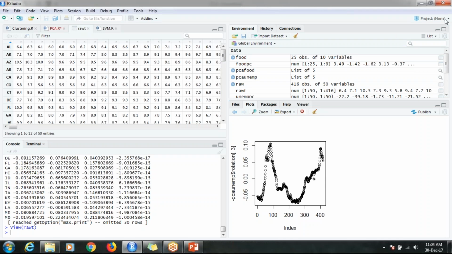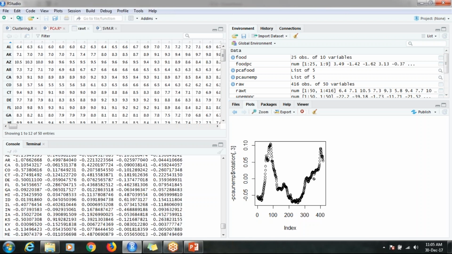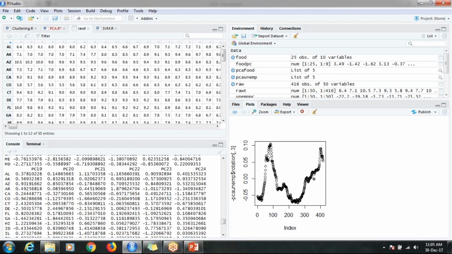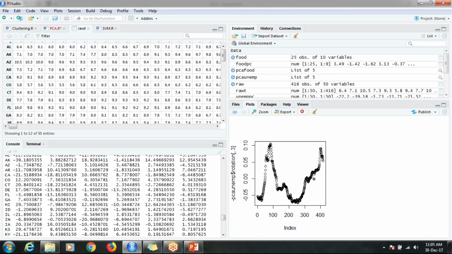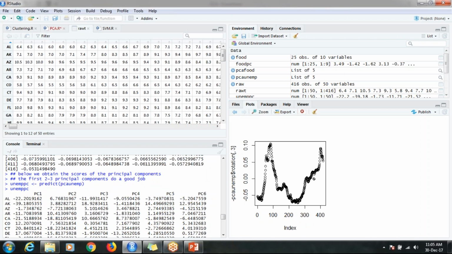It is mainly on the basis of the loading or the vector that is making the impact. So here, if you see, these are my values of that column, and that has been replaced by my component.